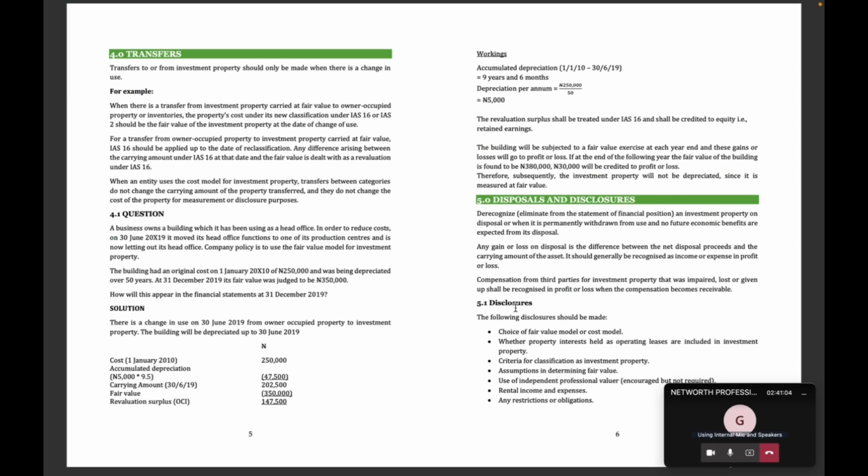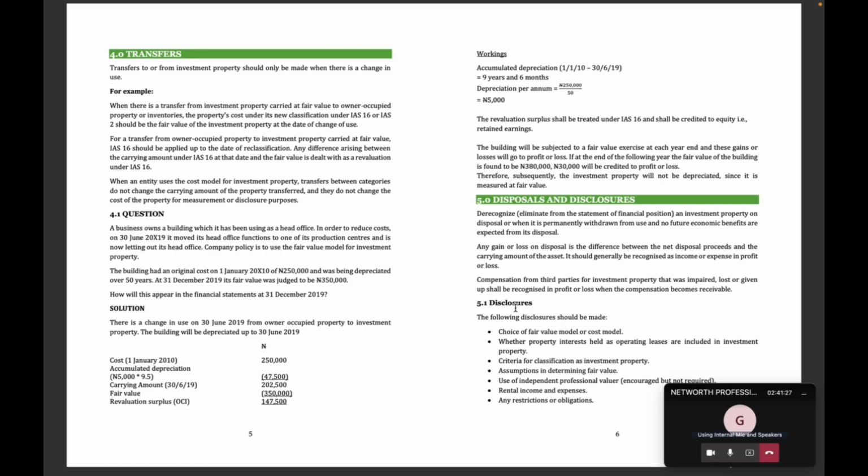Then what is important is that when an investment property becomes PPE, at what value are you going to put it in your books? Or if a PPE becomes an investment property, at what value are you now going to put it in your books? Will the value change or whatever?